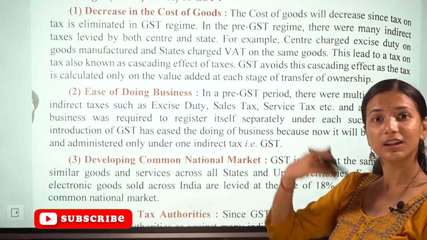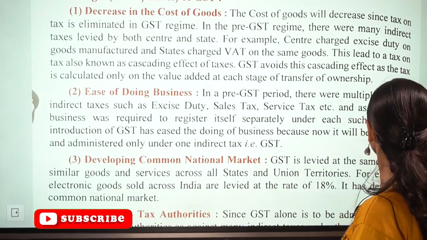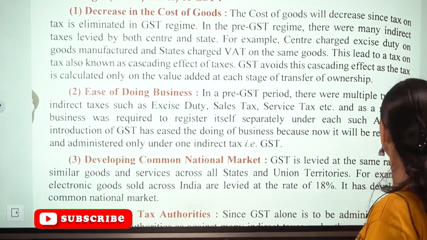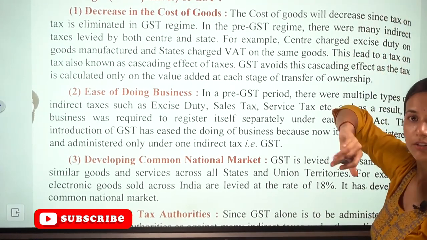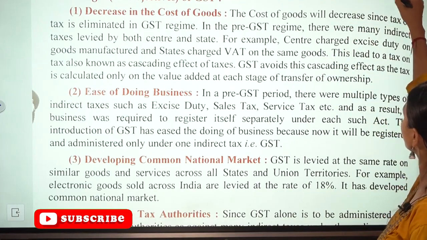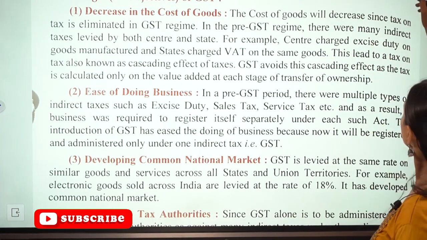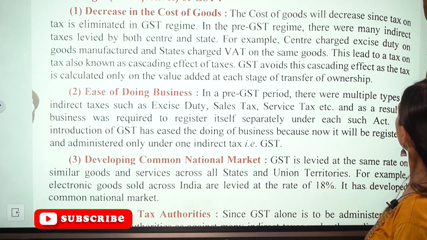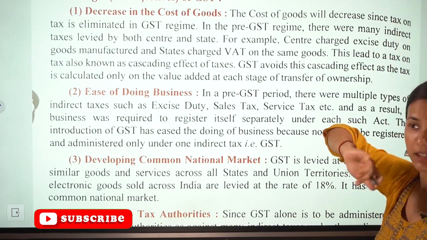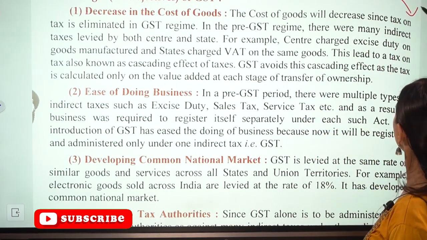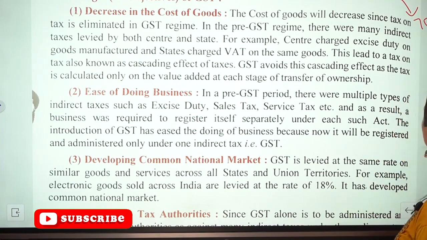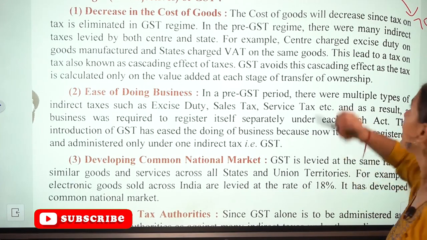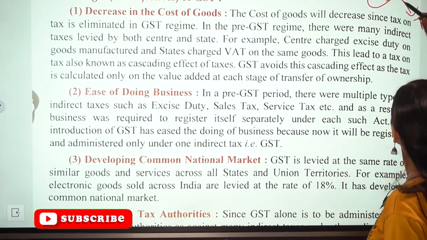So tax on tax, what does that mean? Let's say a manufacturer has produced a good and he is selling it for 50 rupees. On that 50 rupees he has to pay 10% tax. Now he is selling it for 70 rupees to the wholesaler. That wholesaler needs to pay 10% again, on a product that has already paid 10%.